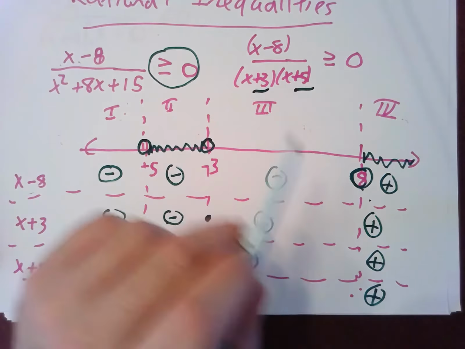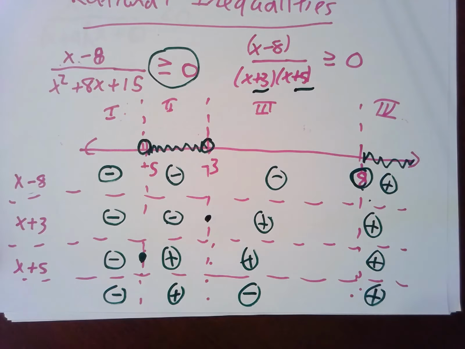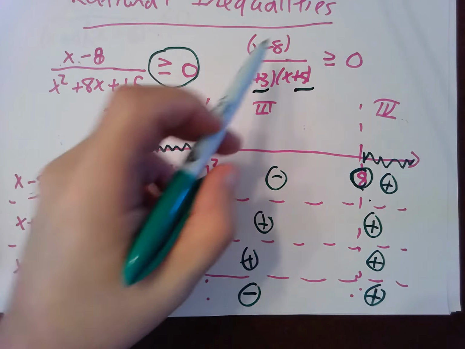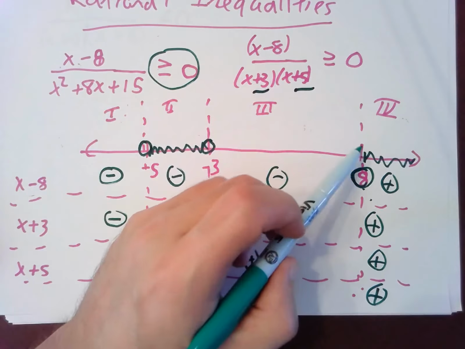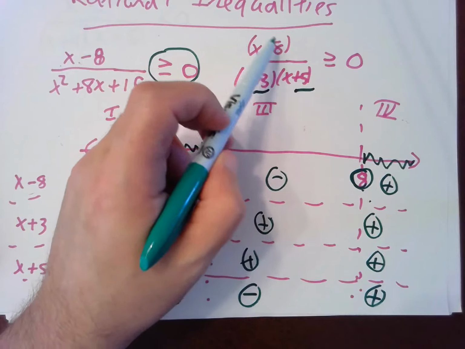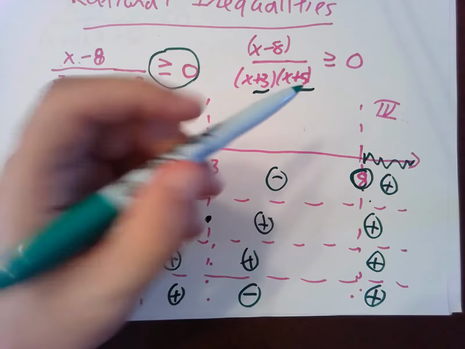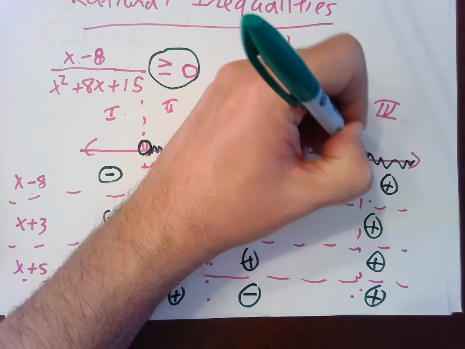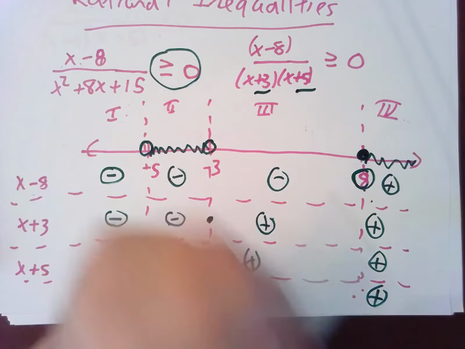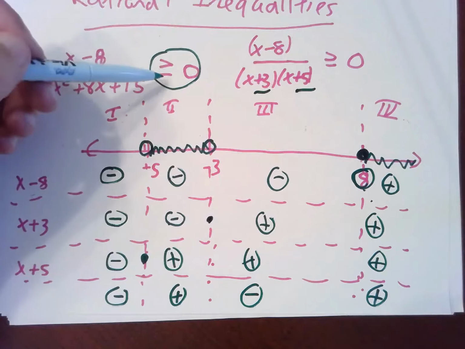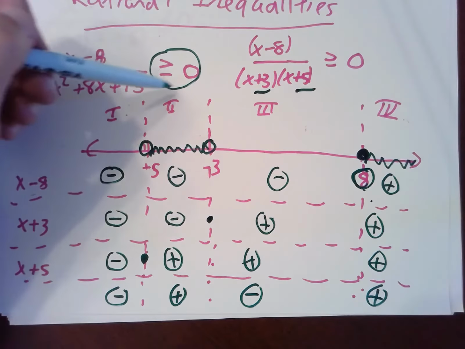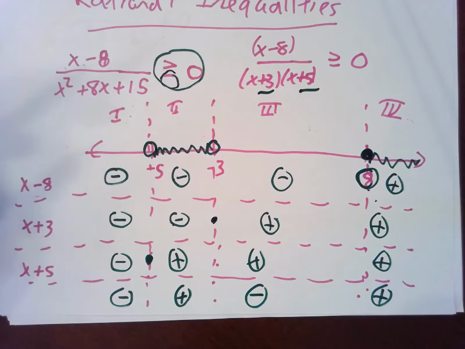They don't make the whole fraction 0, they make the whole fraction undefined. What about 8? He's on top. Top is okay. I can have 0 on top. If I plug in x equals 8, I would get 0 over stuff, just 0. So 8 is good. Top is good, bottoms are bad. That's all you got to remember. The top is closed circle, bottom's open circle, if you have this equal to.